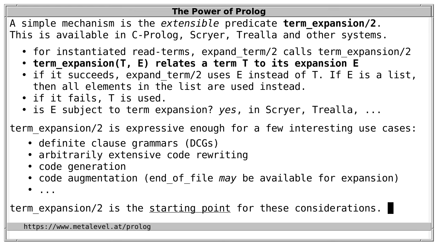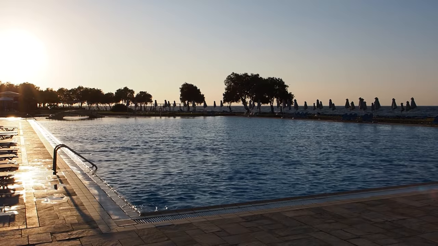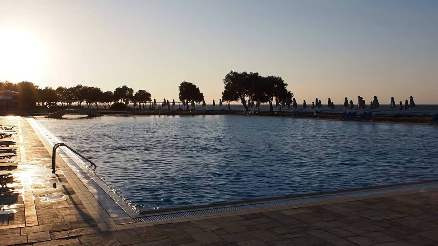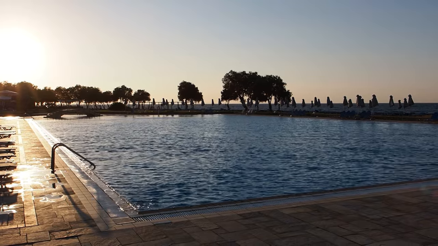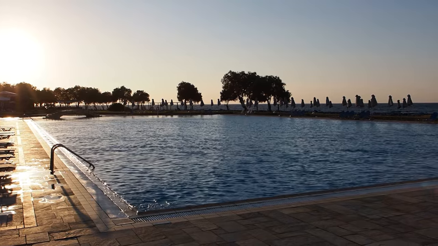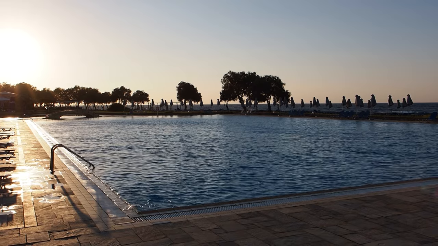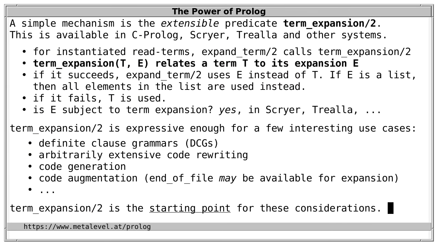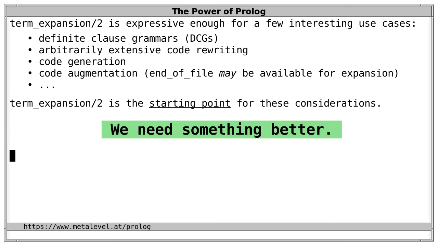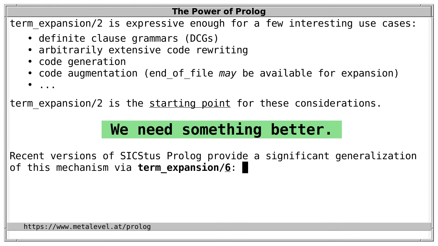Nevertheless, it's only the starting point for these considerations. This is one of the simplest mechanisms we could come up with. It's great that someone has thought of it, no doubt, and we can use it to implement many interesting use cases. But we need something better. For instance, Sicstus Prolog already provides a significant generalization, term expansion with 6 arguments instead of 2.